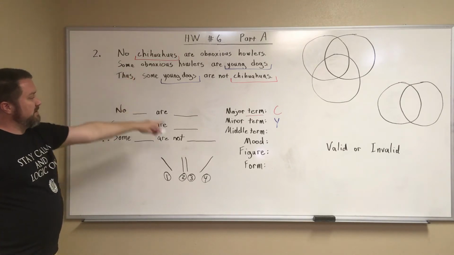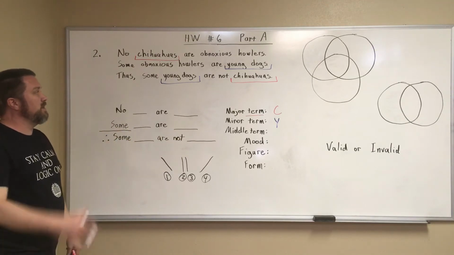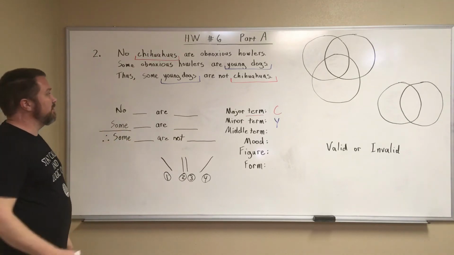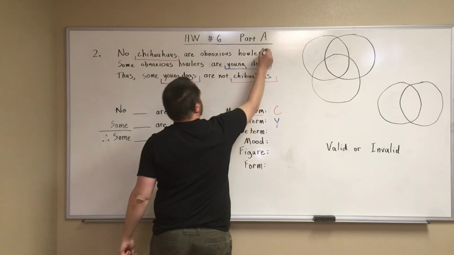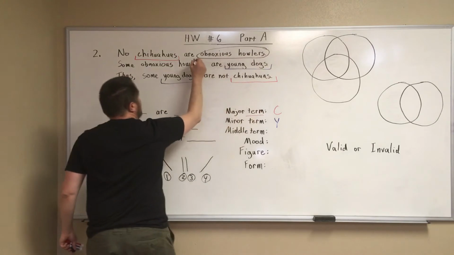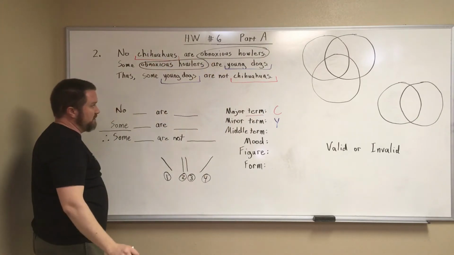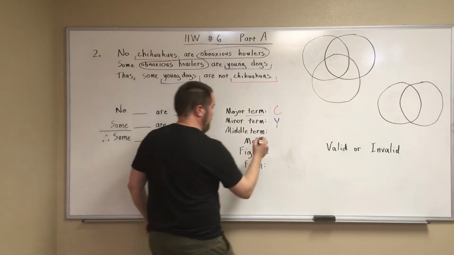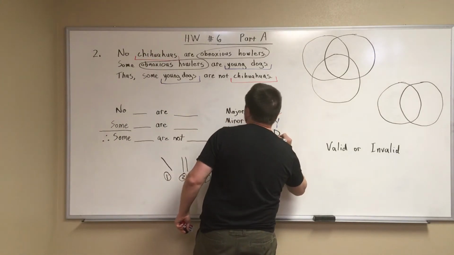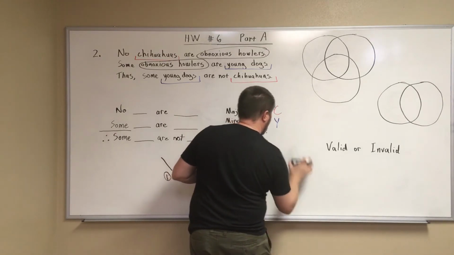Next, we just need to identify the third term. What should be the third term is the middle term. It's the one that's not used in the conclusion. So we have obnoxious howlers. You'll see that's used in both of the premises, but not the conclusion. And that's why we call it the middle term.